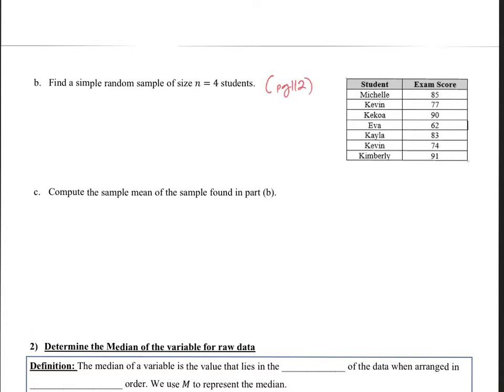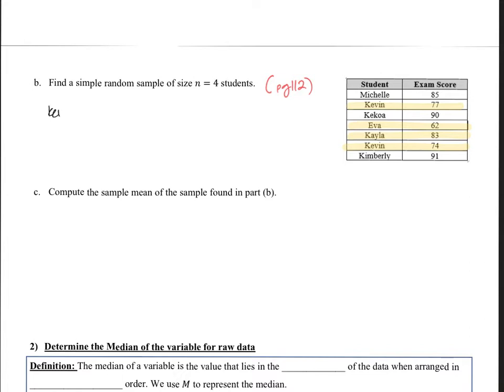So pulling out a simple random sample with our calculators, I got Kevin, Kayla, the other Kevin, and Ava. Okay, a simple random sample.